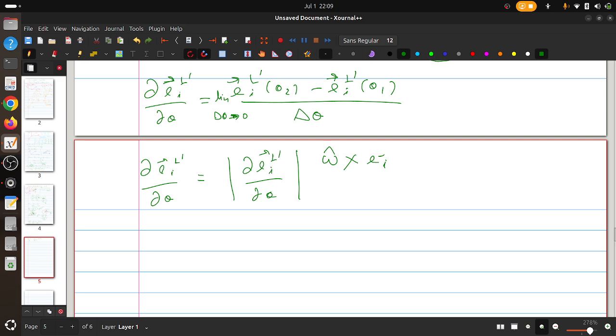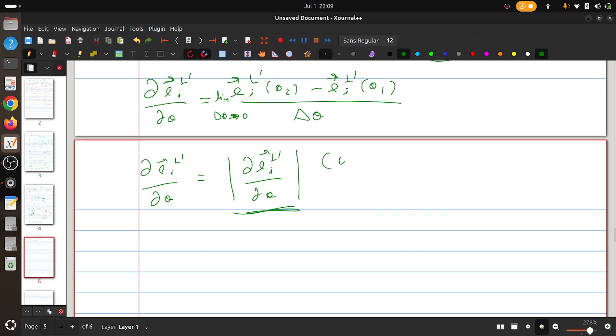This is an incorrect way to do it, because what I want here is a unit vector, because this is the mod and a unit vector should be there.